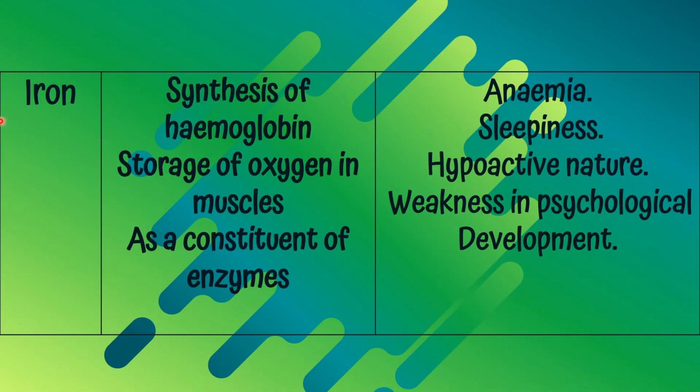Okay, let's talk about the element iron. The functions are synthesis of hemoglobin, storage of oxygen in muscles, and as a constituent of enzymes. Anemia, sleepiness, and this anemia disease decreases the total amount of red blood cells, hypoactive nature, weakness in psychological development are some deficiency symptoms.